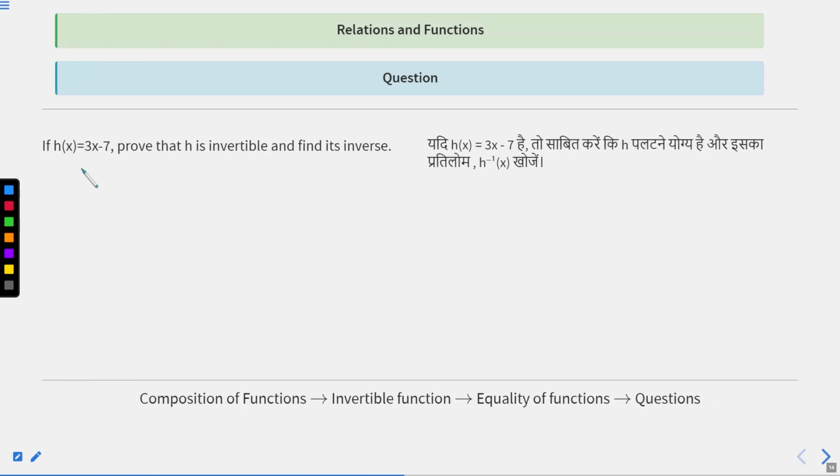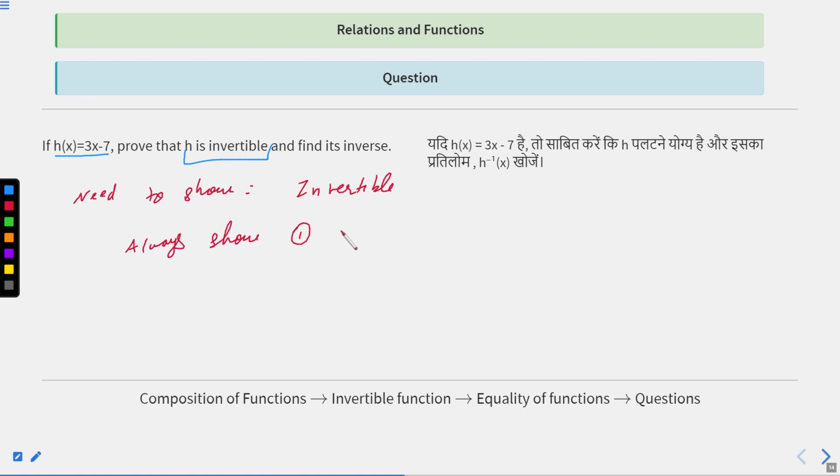Now this question says that if h(x) is defined as h(x) equals 3x minus 7, first of all, we need to show that h is invertible. So whenever you need to show that a function is invertible, always show what?